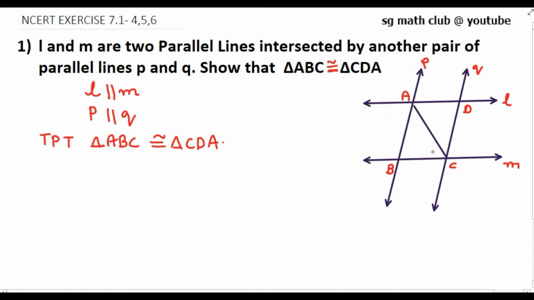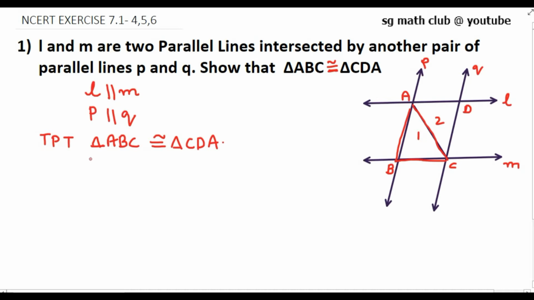So let's find out first triangle ABC. ABC is here, and another triangle is CDA. These two triangles we need to prove as congruent. So for that, let's use what data they have given.